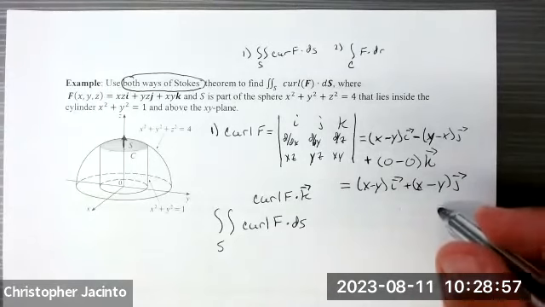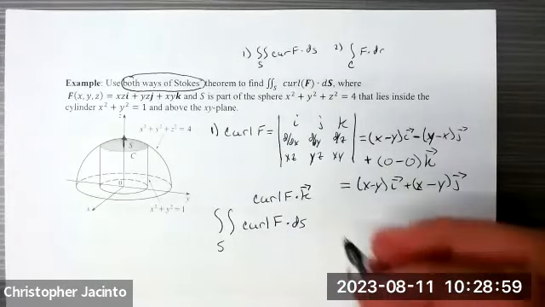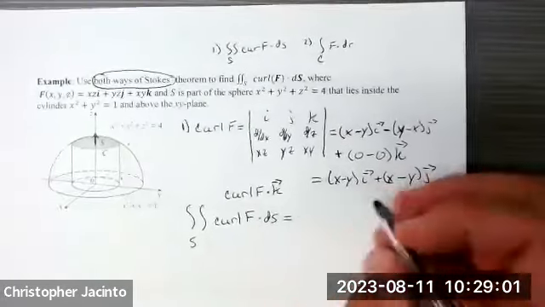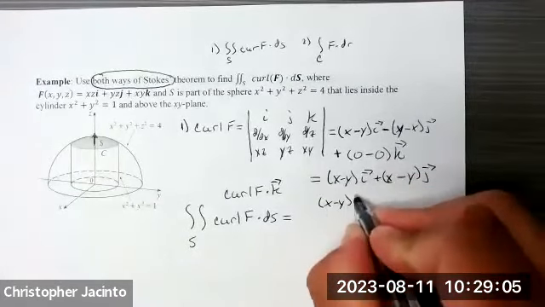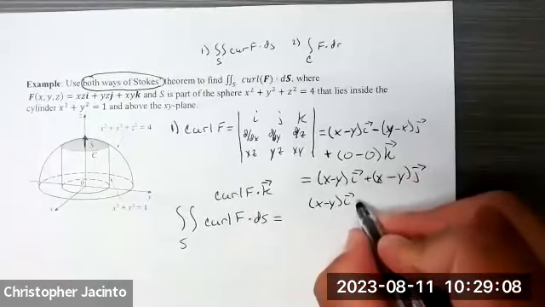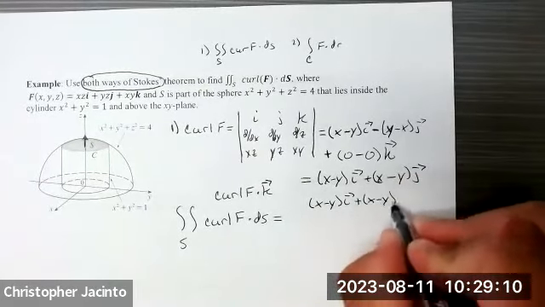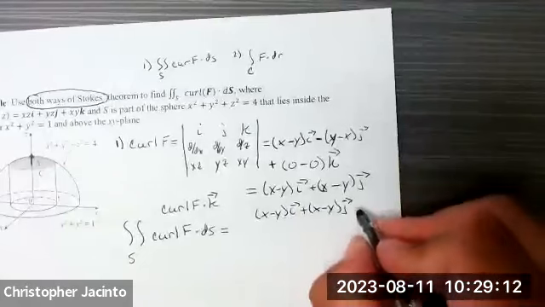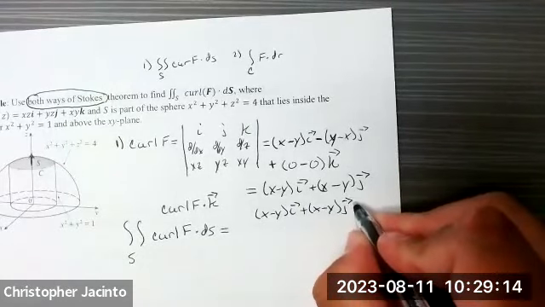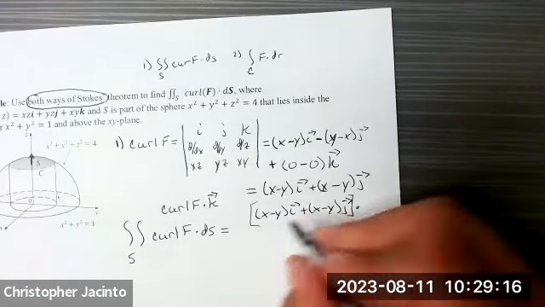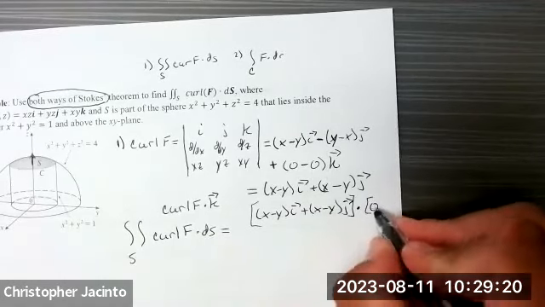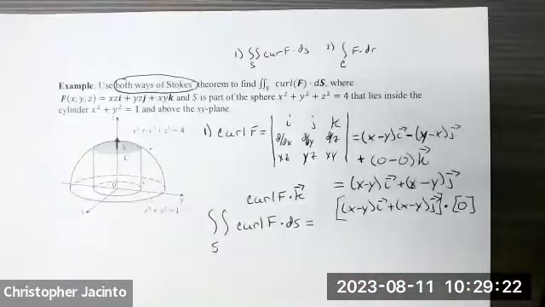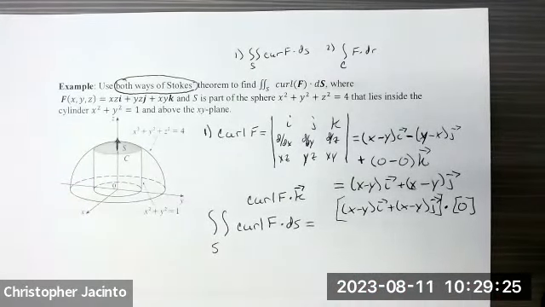So therefore, we have one straight integral. And what's our kth component? 0. This is interesting.